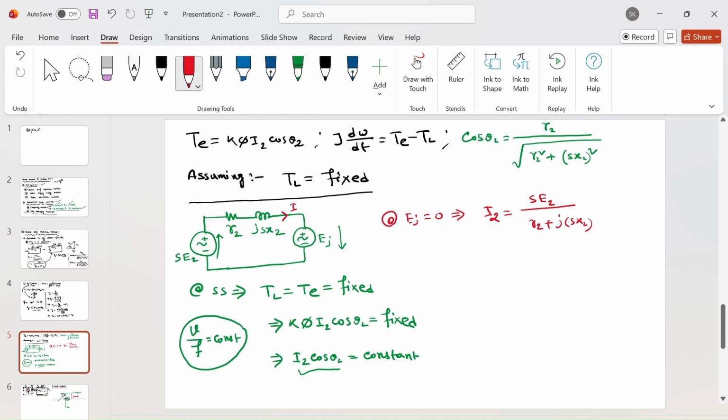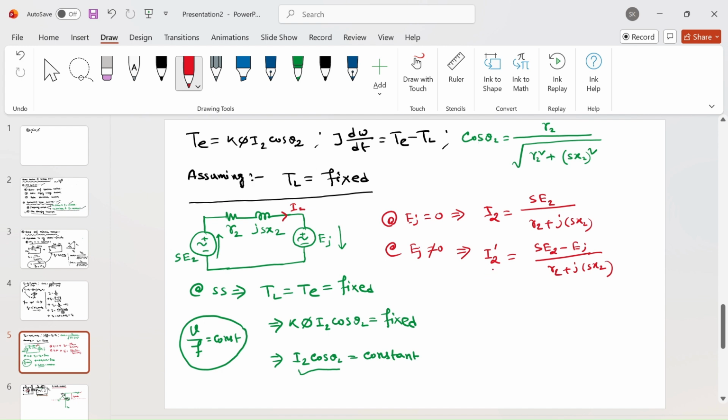And this is my I2. The moment you inject a voltage Ej not equal to 0, your I2 will be simply SE2 minus Ej by R2 plus jSX2. I should call this I2 prime, because you are injecting voltage, so you will not get the same current as the previous value; there will be a change.